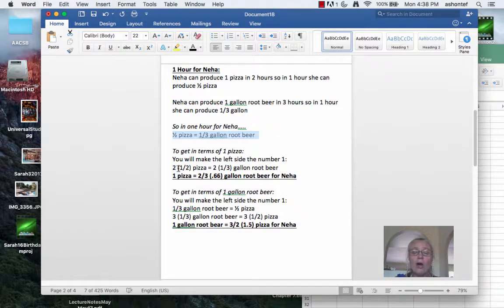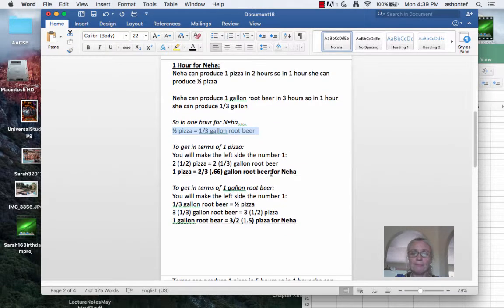To make a half into 1, you've got to multiply it by 2. In math, whatever you do to one side, you better do to the other side. So we get 1 pizza equals 2/3, or 0.66, gallon of root beer for Naya. So in essence, for every pizza she produces, she's giving up 0.66 gallon of root beer.